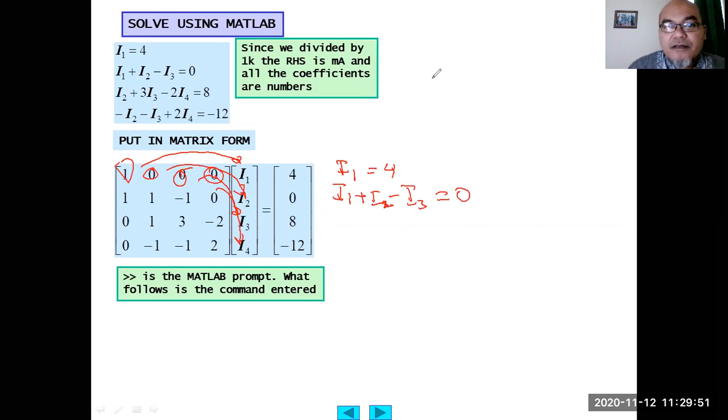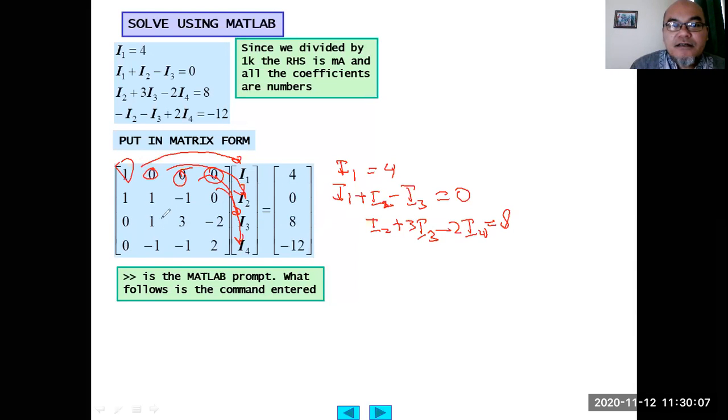Then 0 times I1 is 0. Then 1 times I2 is I2, plus 3 I3, negative 2 I4, equals 8, right?